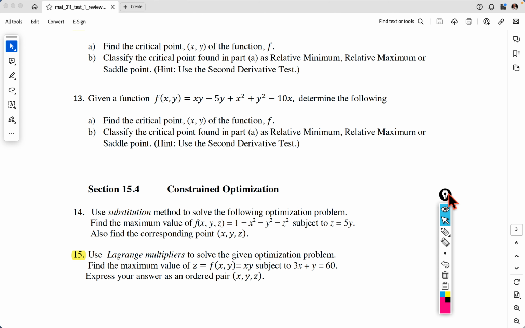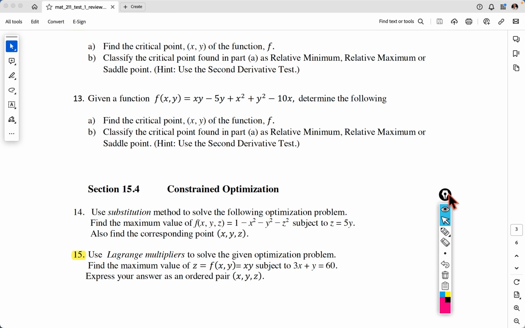Substitution is actually an easier way to do it. If you can solve for it, you just plug it in, and now we've got two variables, and we don't need Lagrange multipliers here. We take the partial of x, and we get a solution. So it's easier, but this is not on the test. You can use substitution to check your answer, but they want to see the Lagrange multiplier.